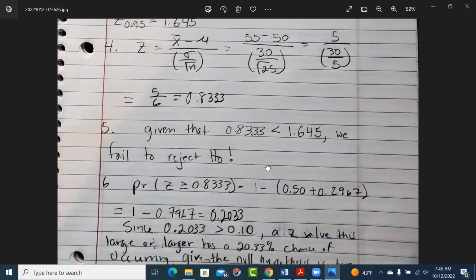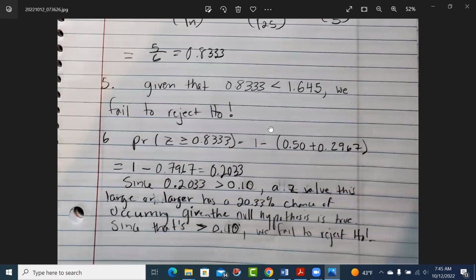The second thing we can do, of course, is to calculate the p-value. So the p-value is the probability of having a value this large or larger, 0.8333 or larger. So we want to see what's the probability of a z value that's greater than or equal to 0.8333. So that's 1 minus, well, again, we have to go to our table.